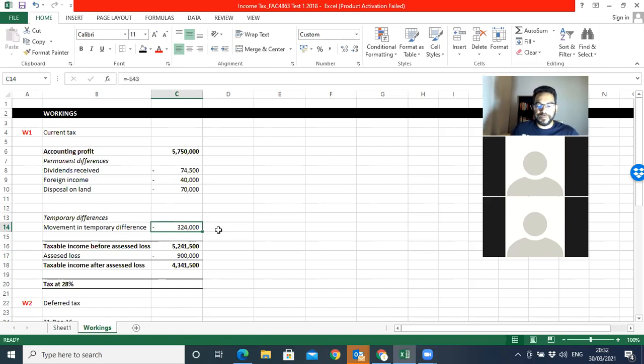So for example, accounting has an asset of R1,000,000. SARS also agrees that that asset is R1,000,000. But SARS says you must depreciate this asset over 5 years, where accounting says depreciate it over 10 years. So they're both depreciating R1,000,000. What goes through the income statement on both sides is R1,000,000.